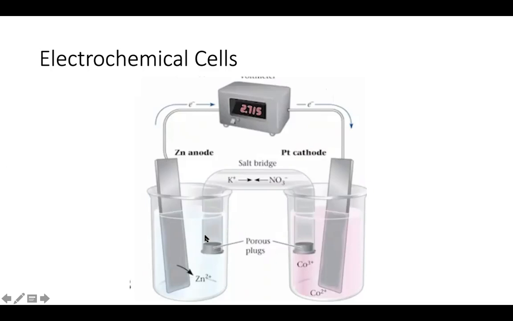Now, what you'll also see between our anode and cathode is a salt bridge. This salt bridge allows ions to travel from one side to the other. And the purpose of the salt bridge is to counterbalance charge differentials that occur due to the redox reactions occurring.